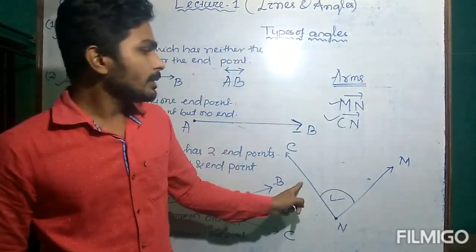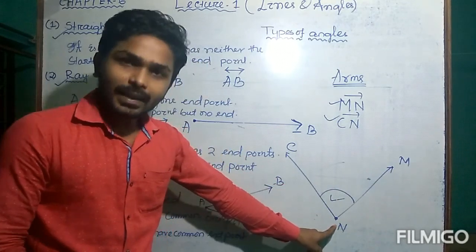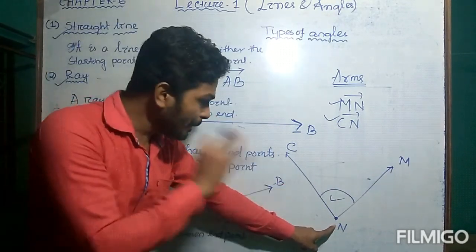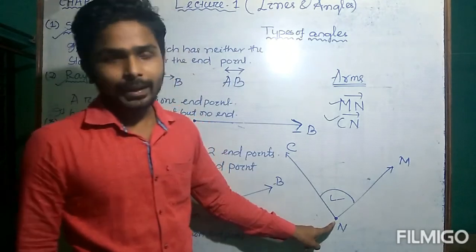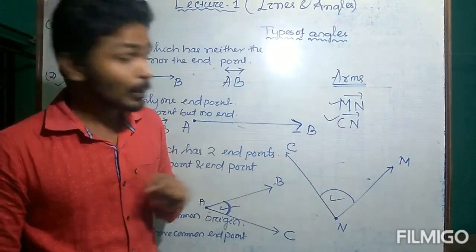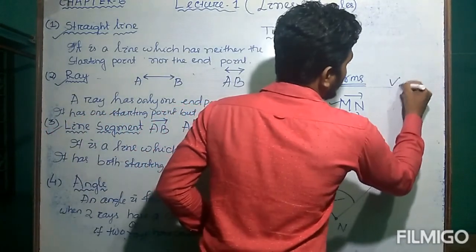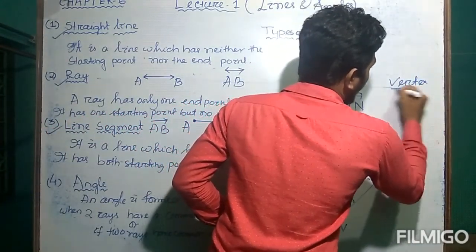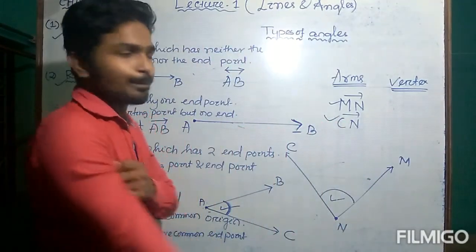Understood? Now these two arms originate or meet at a common point. Now this origin point is known as vertex. What is it? It is vertex. So now we can define what is a vertex.